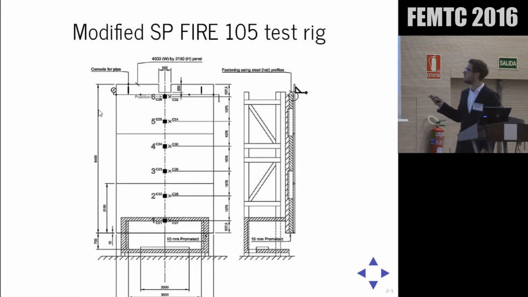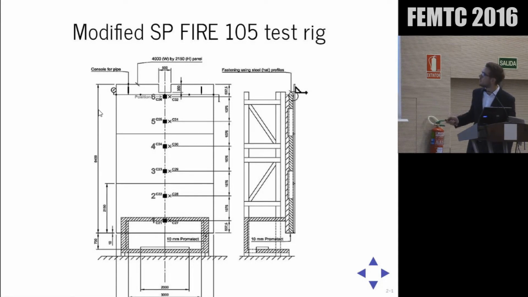And this is that specific test you see in the drawing on the screen here. The test rig is around 7 meters high. The fire compartment below has an opening around 3 meters wide and 0.7 meters high. And the facade is 4 meters wide and 6 meters high.